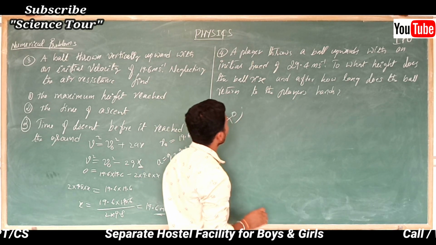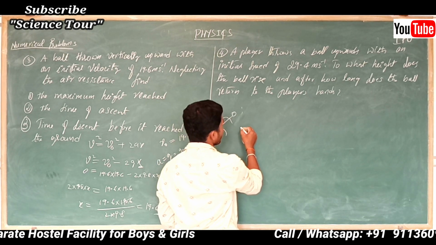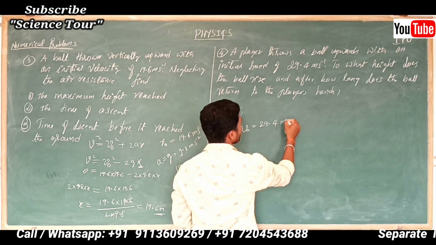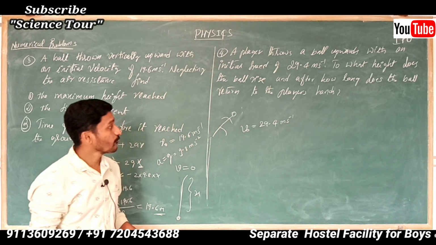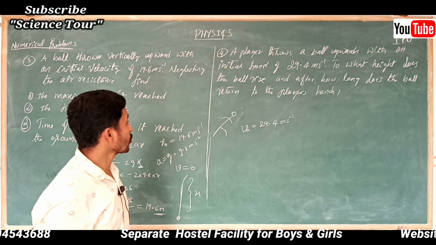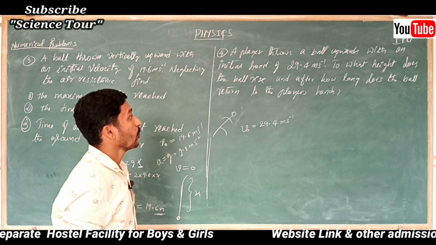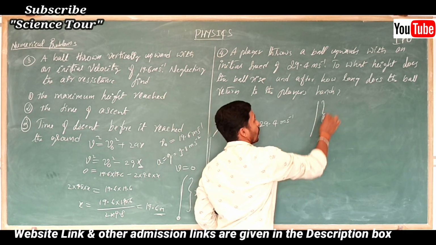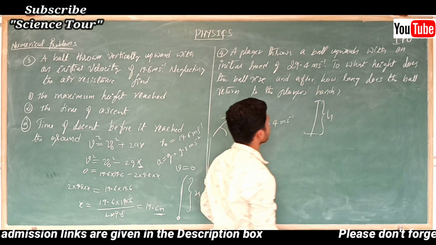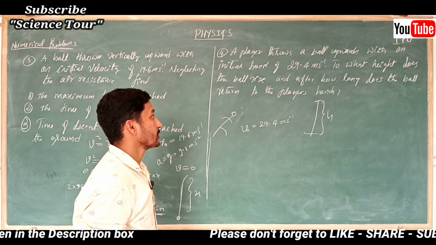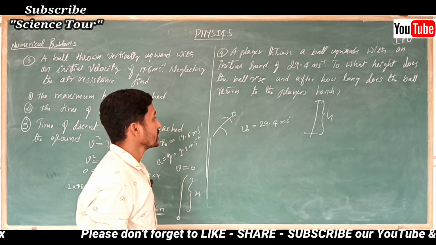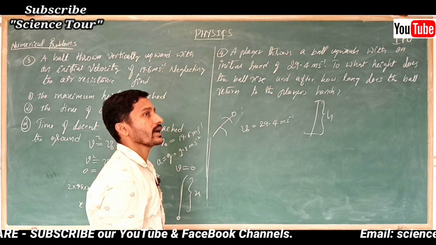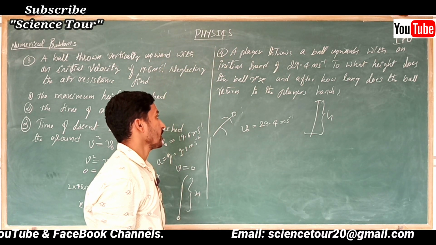To what height will the ball rise? And after how long does the ball return to the player's hand? Thrown, goes up and comes back to my hand. Then what is the time taken?